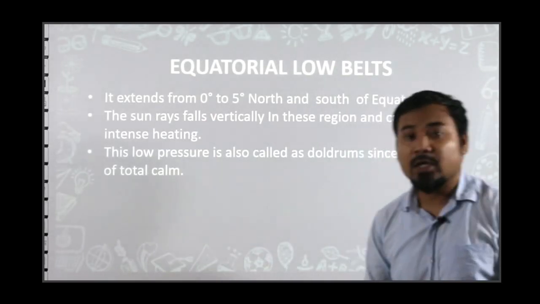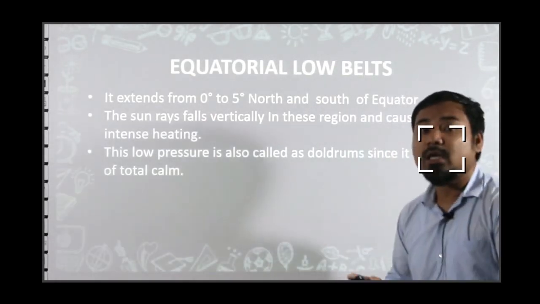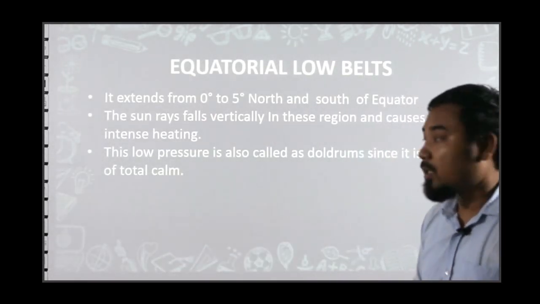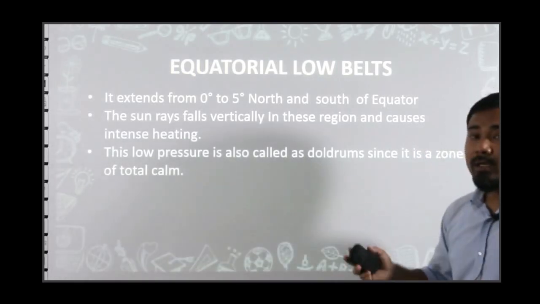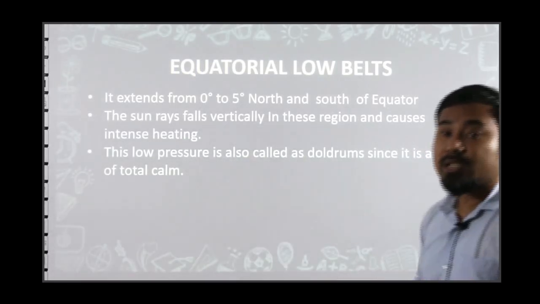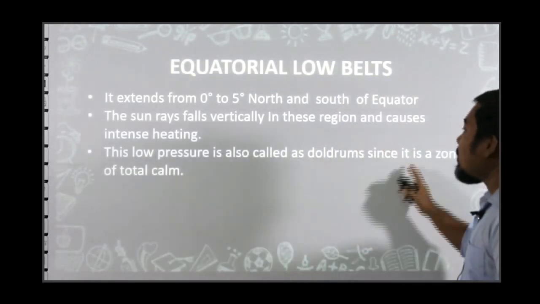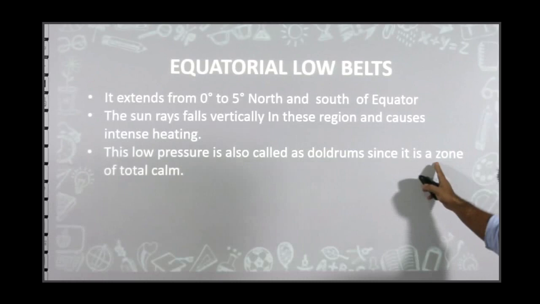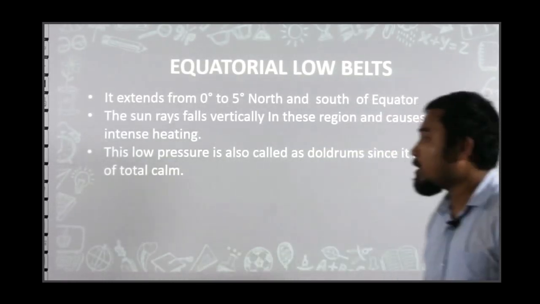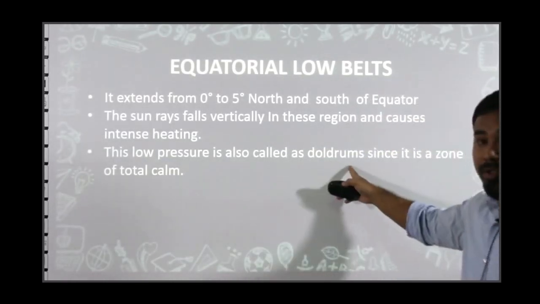It's very hot in the equatorial region because the sun rays fall vertically. Since it is hot, again the air will expand, it will rise up and it will create low pressure. This equatorial low pressure belt is also called the zone of total calm, or it is also known as the doldrums.